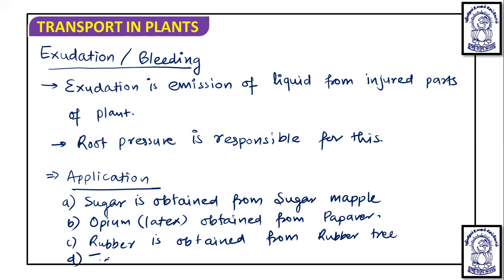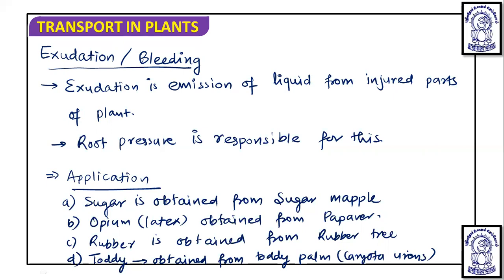And the fourth, the toddy, is obtained from the toddy palm. Toddy is a traditional drink used in South India. The toddy palm is also known as Caryota urens, and in toddy palm the highest bleeding is reported, about 50 liters per day, obtained from the injured plant by exudation. So that is how root pressure and exudation work, and how these are different.